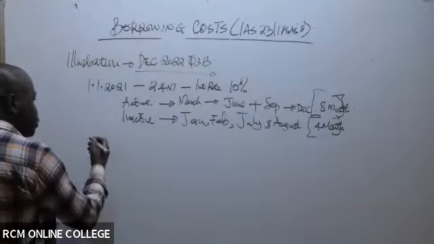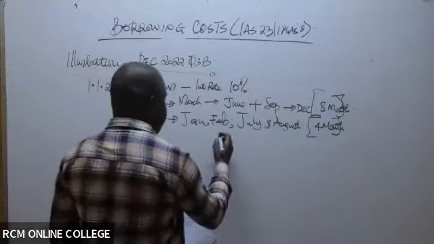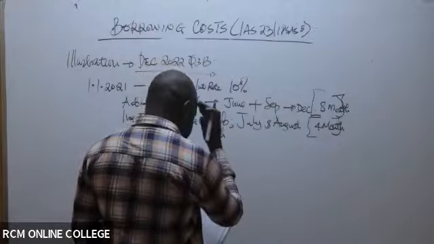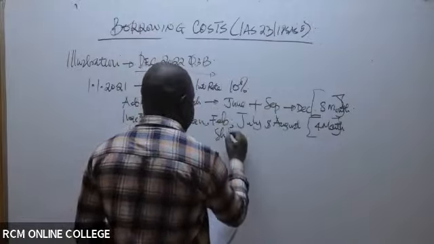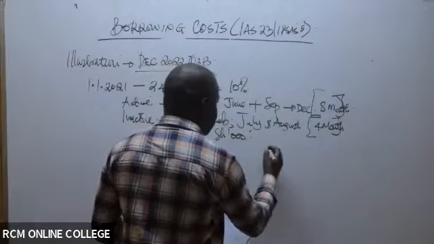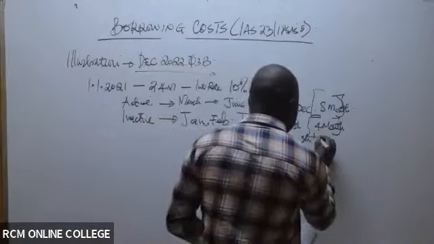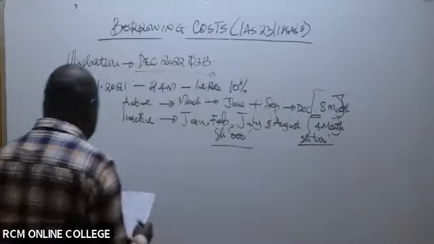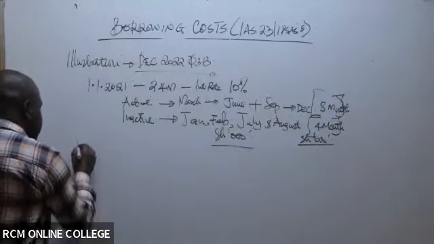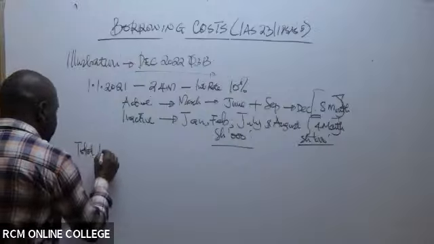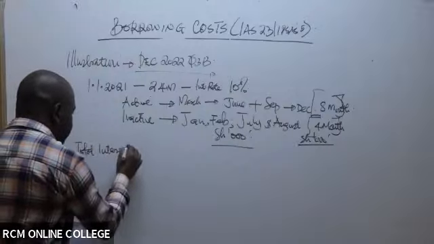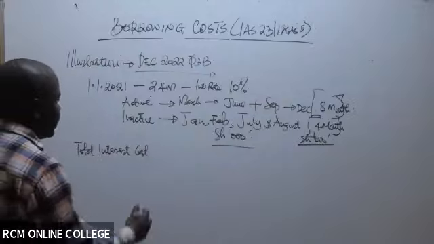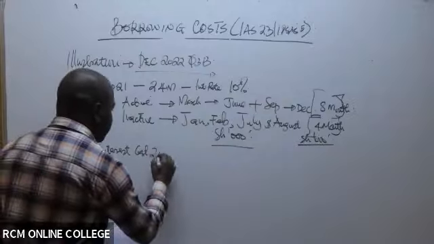So in this case, total interest, so we can have our computations here. Let's put shillings in thousands. So the interest for the entire year, so total interest cost for the entire year, it will likely in this case be 24 million.